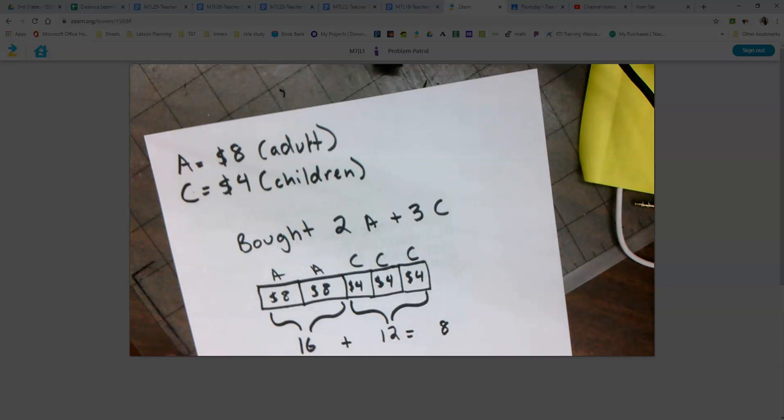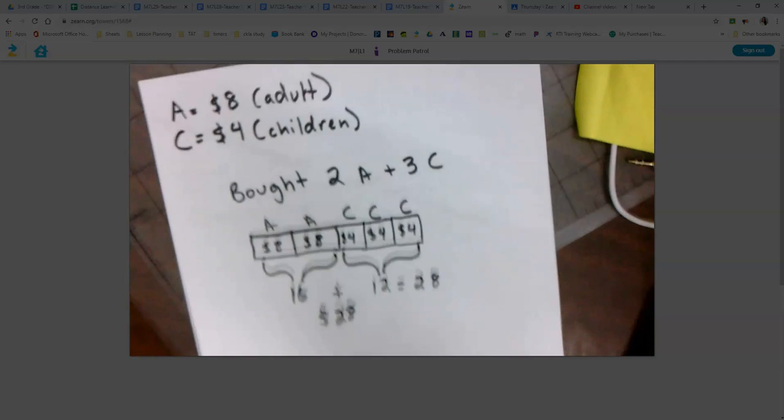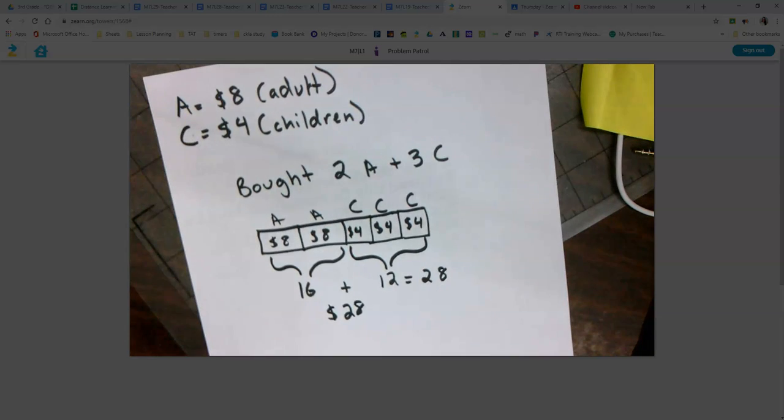I don't need to carry any 10s. 1 ten plus another ten is 2 tens. That means the total price probably is $28 altogether. Now, we might get this wrong, and if we get it wrong, it's going to help us figure it out. But this seems to me to be a reasonable way to try to solve this.